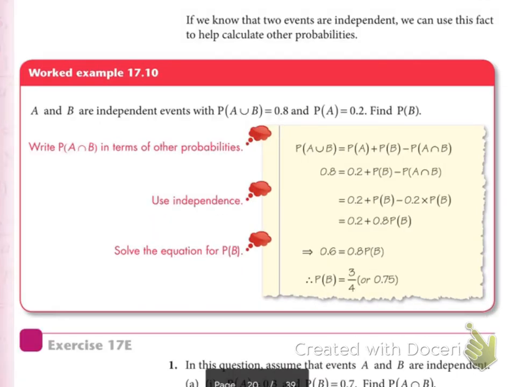And so when you do that, you end up with PB minus 0.2 PB, which is 0.8 PB. And so when you swing this over, 0.6, divide it out, you end up with 3/4 or 0.75. So that is the two different ways that we'll be using this in your problem here.